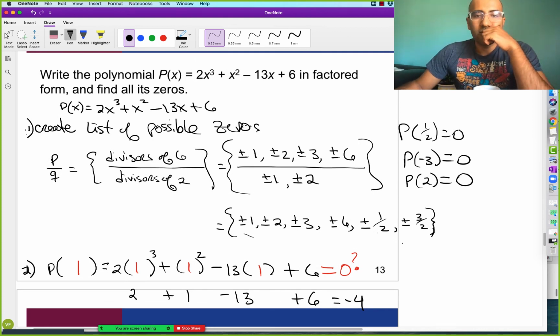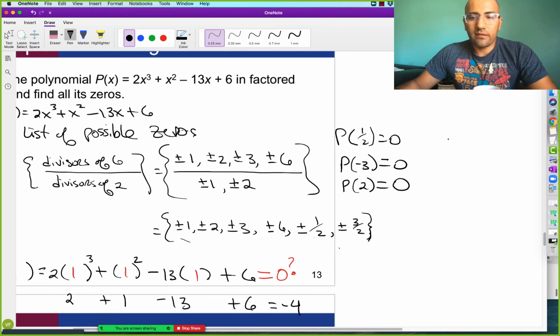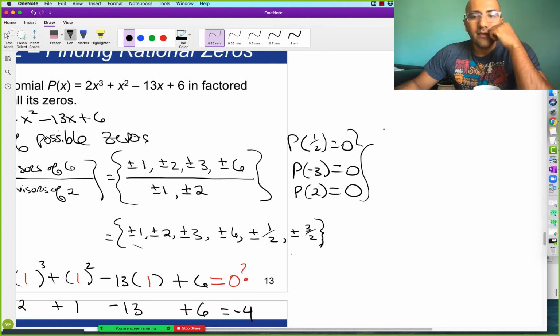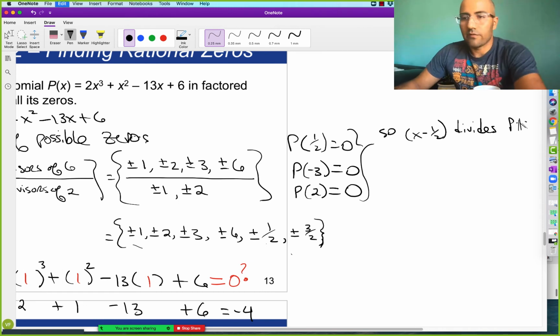Good. Questions? Because they're zeros, that must mean, by the definition of what this means, the result of what this means. So from here, that must mean that x minus 1/2 divides p of x.